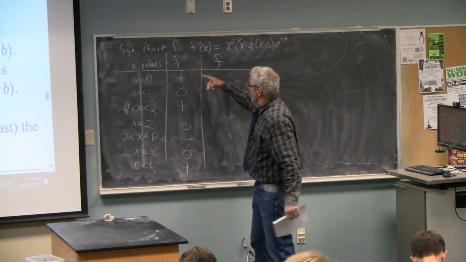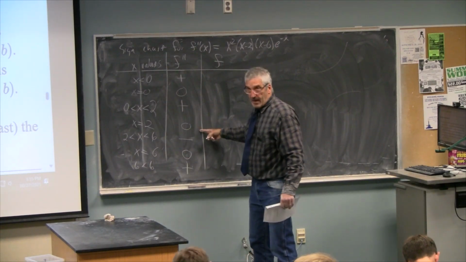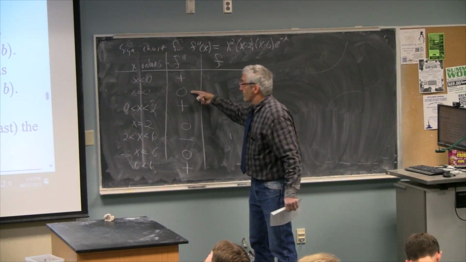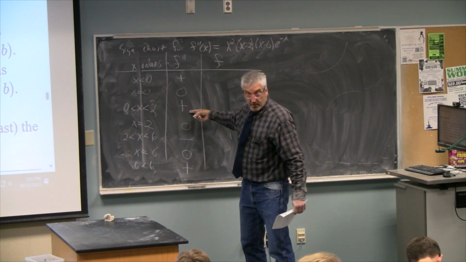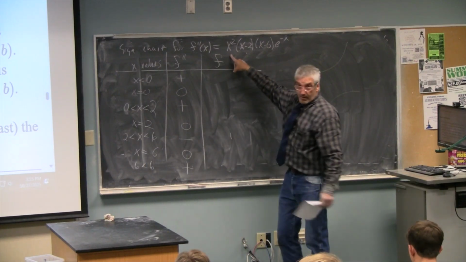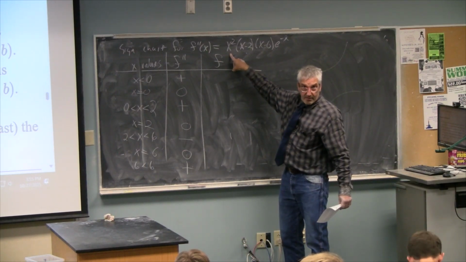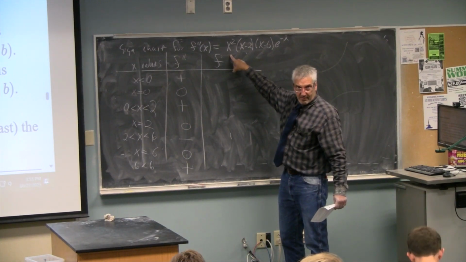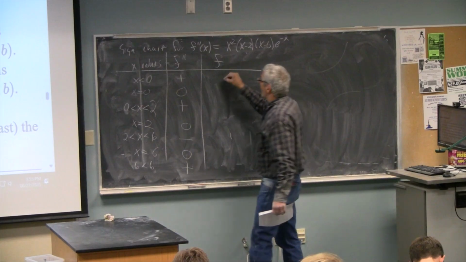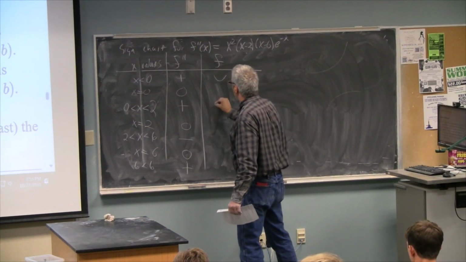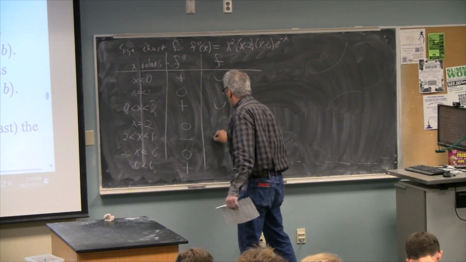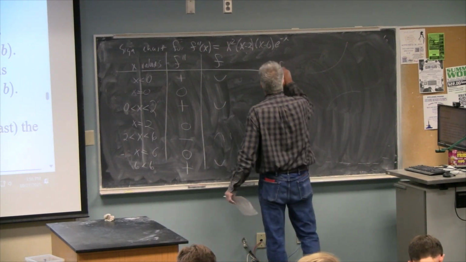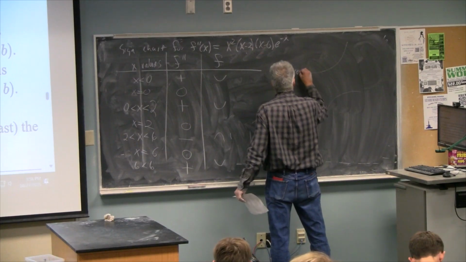What's interesting here is that the signs don't keep alternating. F double prime changes from positive to 0 and then back to positive. And that's because this factor changes from positive to 0 and back to positive. It doesn't change sign because it's x squared. Okay, so that tells us that f is concave up, concave down, and concave up.